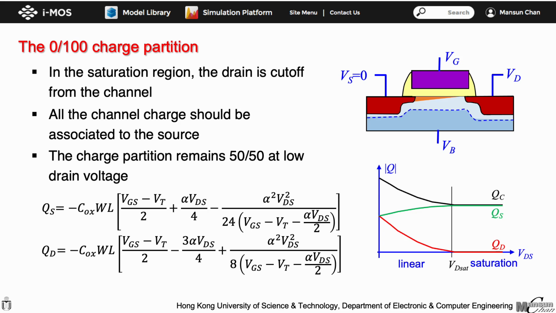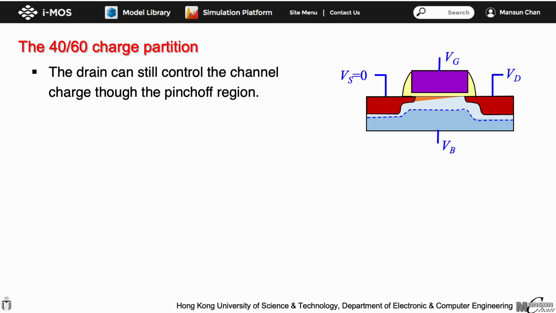Graphically, how QS and QD vary with drain voltage is shown in the graph here. The 50-50 and 0-100 charge partition schemes represent 2 extreme cases, and both of them cannot fully describe the charge behavior of a MOSFET. For example, it was found that in the saturation region, the drain can still control some of the channel charge.